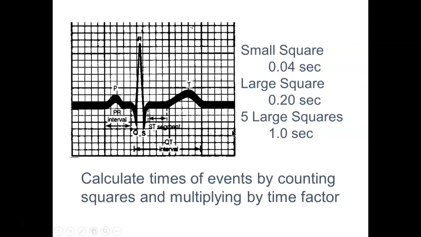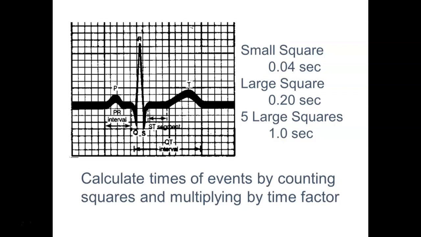You also see that we have large boxes, okay? So this is easier to see here when we don't have the waves. The large boxes are 5 by 5 of the teeny tiny small squares. So this is 0.2 seconds, and if you have 1, 2, 3, 4, 5 large squares, that is 1 second.